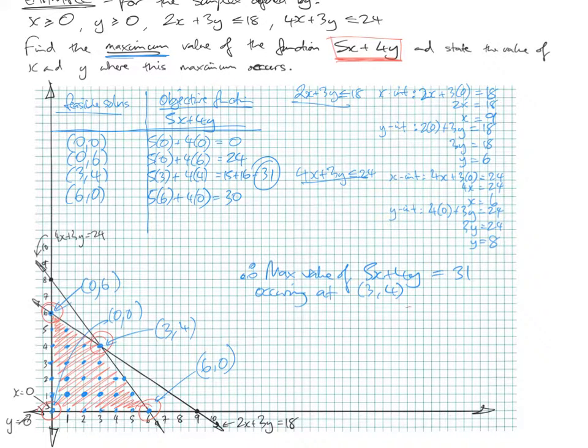If we draw it, the x intercept: 5x plus 4 lots of 0 is equal to 31. 5x is equal to 31. x is equal to 31 divided by 5, which is not going to be a nice number. 31 divided by 5 is 6.2. The y intercept: 5 lots of 0 plus 4y is equal to 31. 4y is equal to 31. y is equal to 31 divided by 4, which is 7.75.